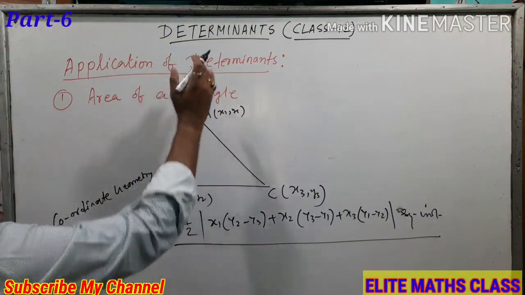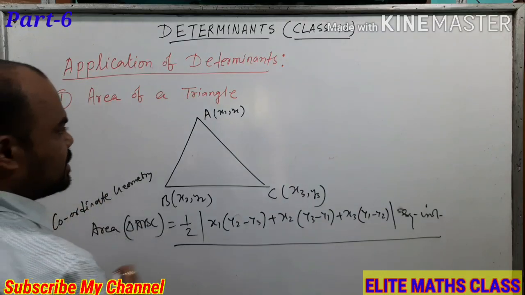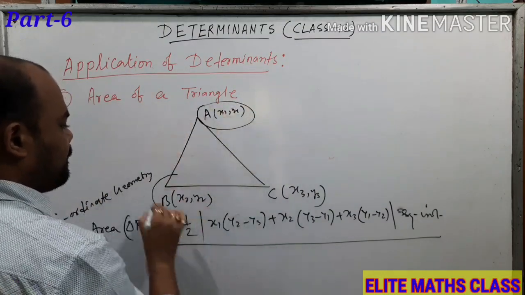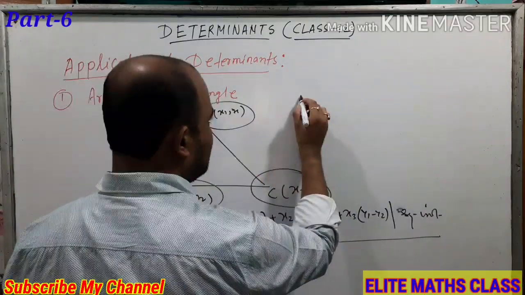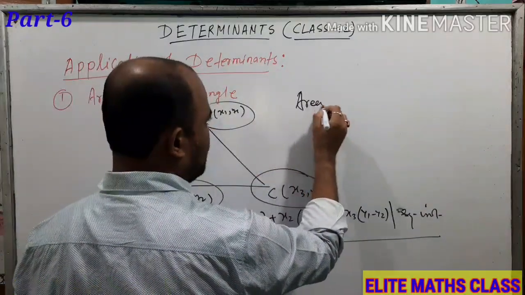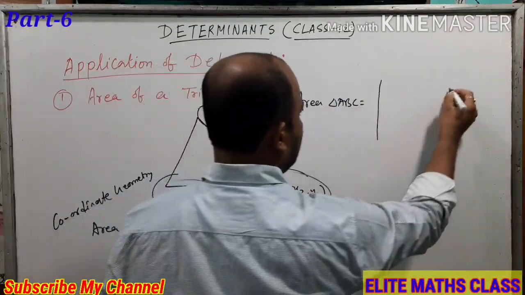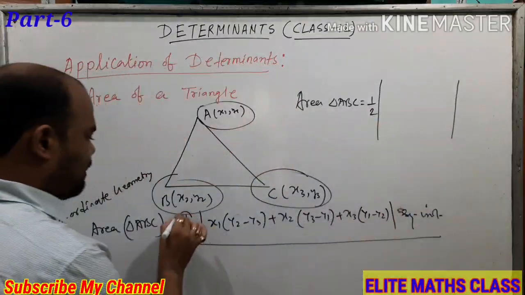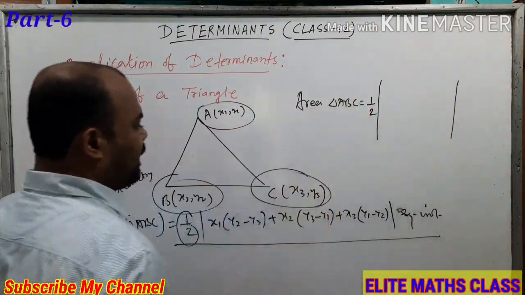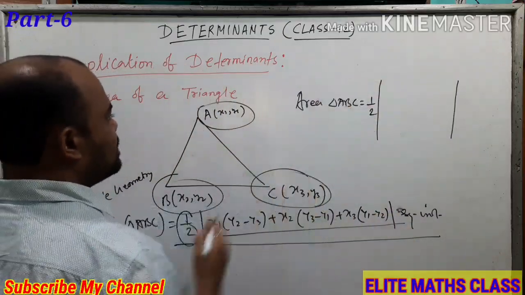Now how to find the area of the same triangle by using determinants? Using determinant, the area of triangle ABC is equal to half of a determinant of order 3 by 3. Now how to express this by using a determinant?